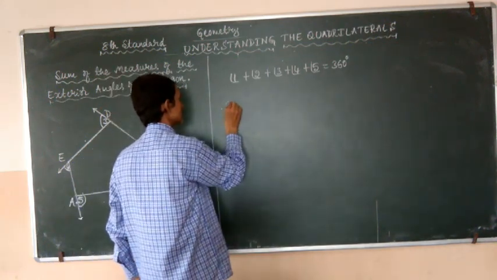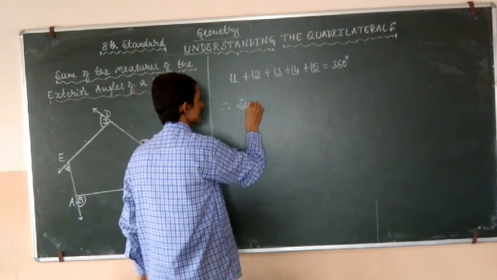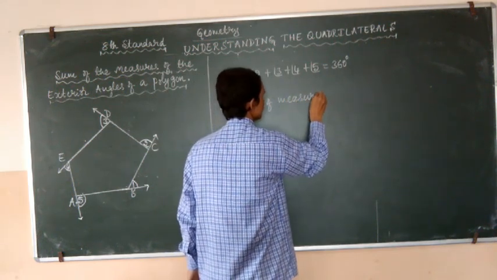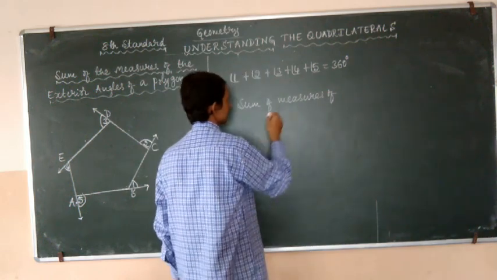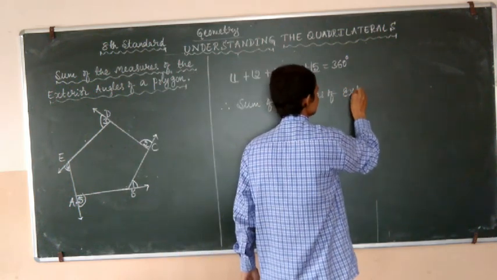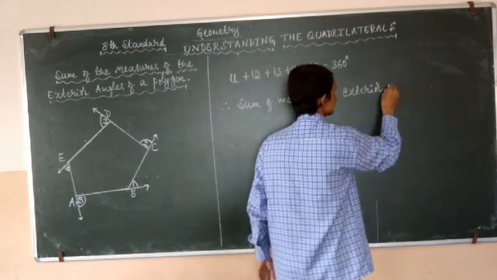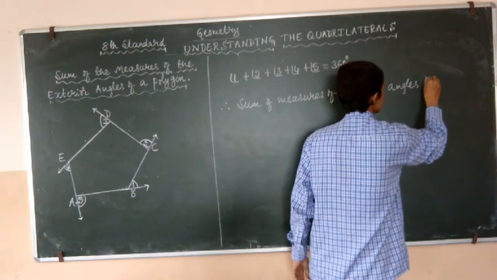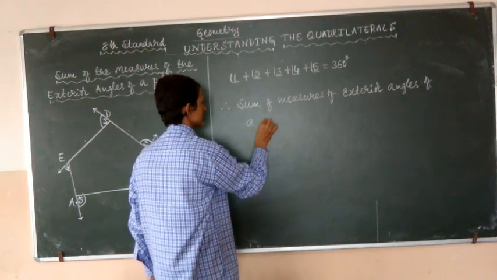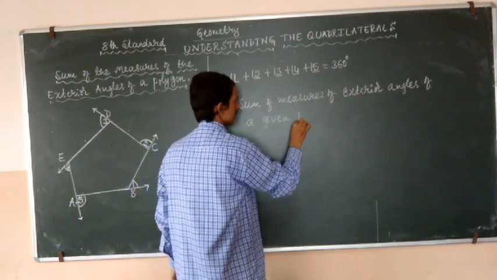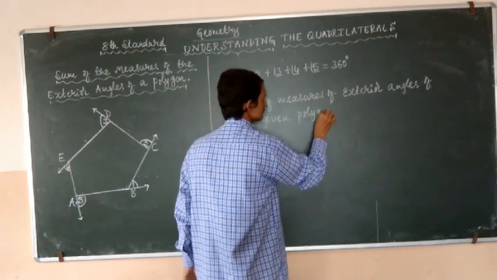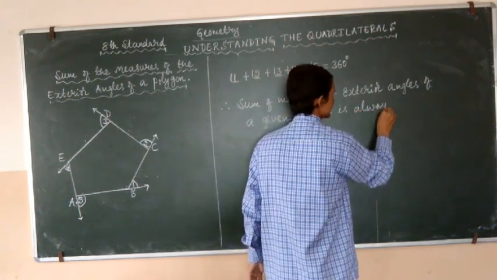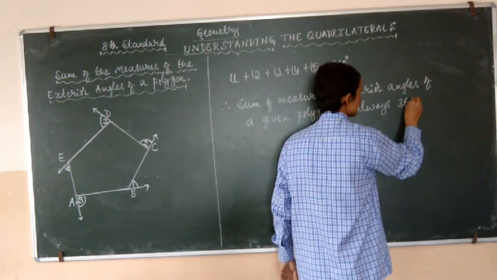Therefore, we can conclude that the sum of the measures of the exterior angles of a given polygon is always 360 degree.